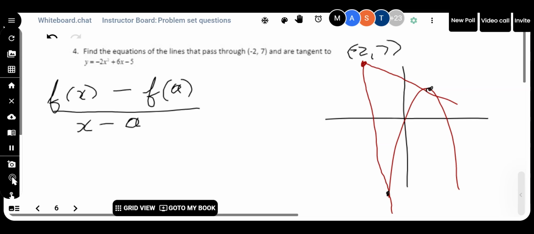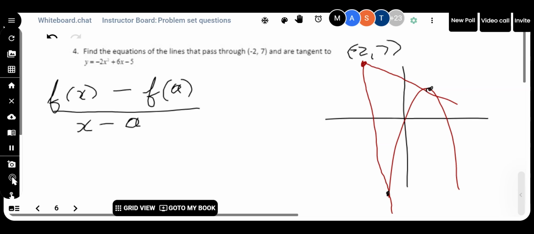I hopefully you remember that way of doing the derivative. So what if we were to attempt to use this approach, bringing in that -2, 7?